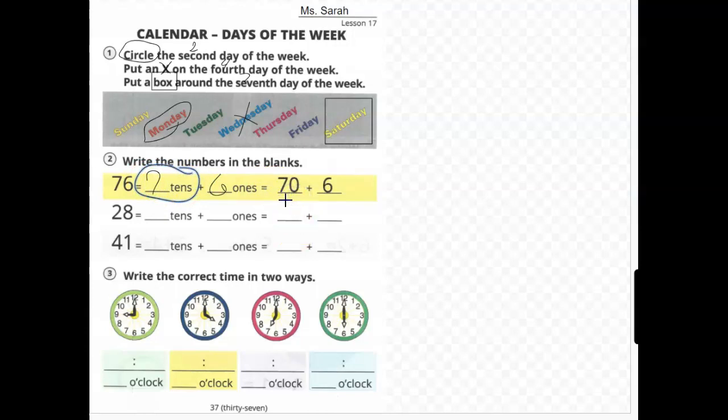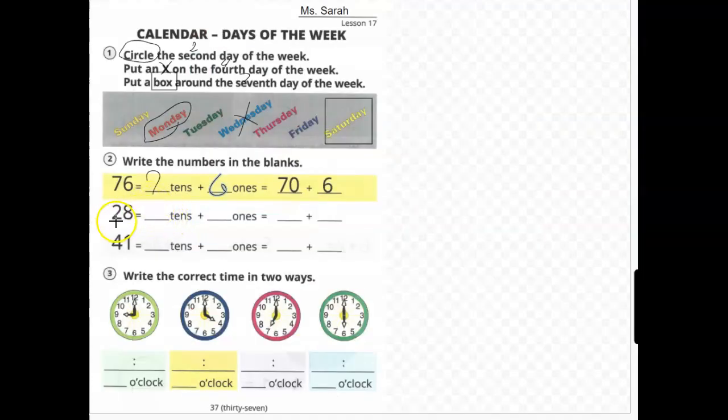That's this number right here. Okay, 6 ones is right here. So these are the 3 different ways we're going to write out each of the numbers. We're going to write how many tens, how many ones, and then we're going to write them in numerals. Okay, in digits.